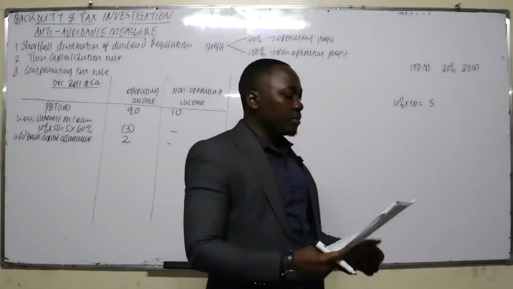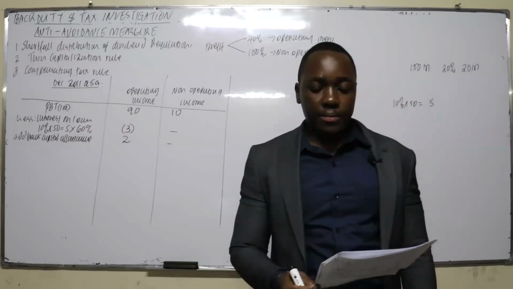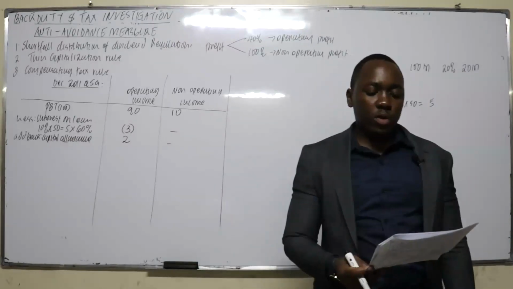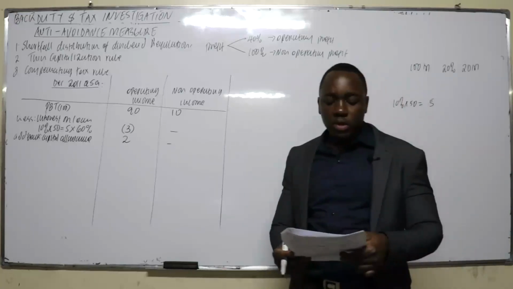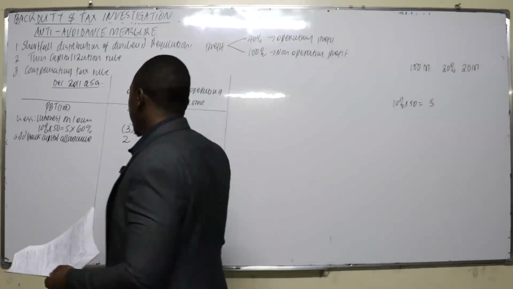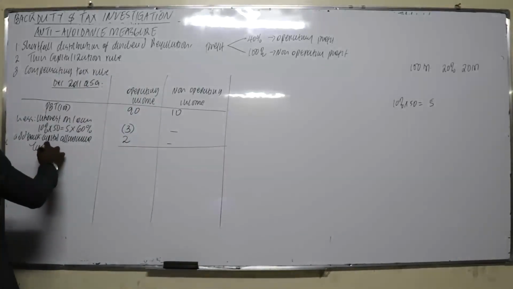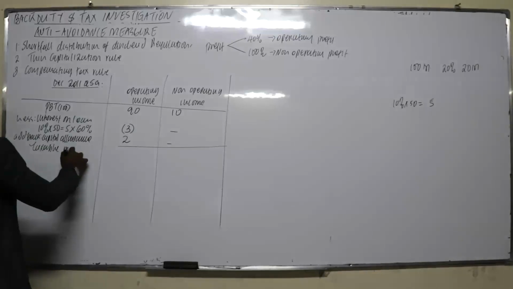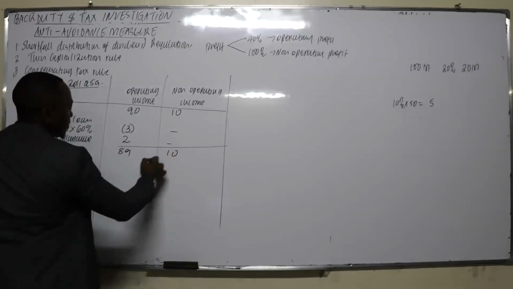Number 4, the total dividend paid for the year amounted to 25 million, and the company is subject to corporate tax at the rate of 30%. Required: shortfall distribution tax for the year. So first of all, let's get the taxable profit. Taxable profit, you get 89. Here you get 10.